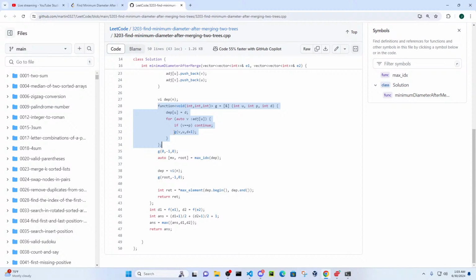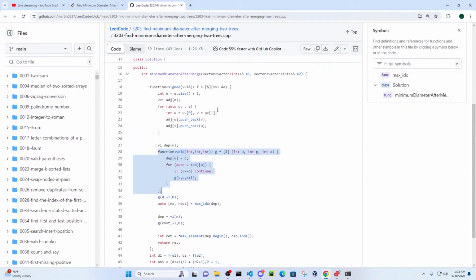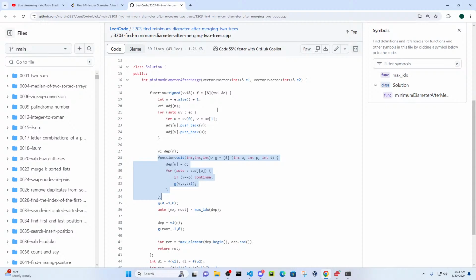Make sense? Yeah. So we're calling 2 DFS. One for finding the deepest node, and then you're redoing the DFS with that node being the root of the DFS. So that's it.